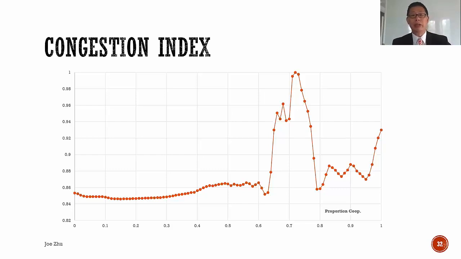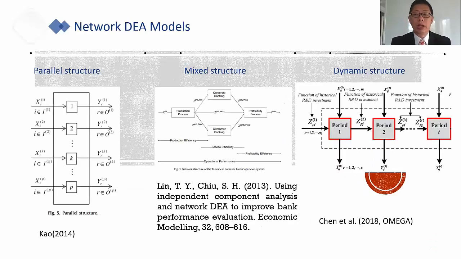In this case, the value would be the congestion status. Here are some more examples of network DEA models or structures. We have this parallel structure on the left, and then a mixed structure.